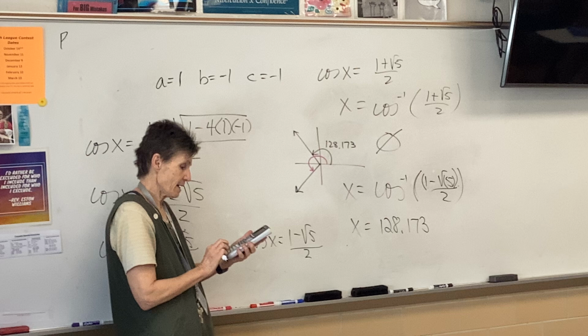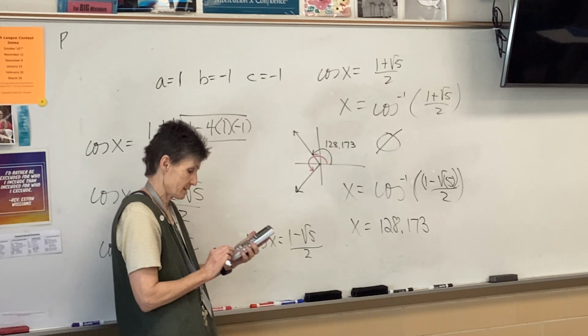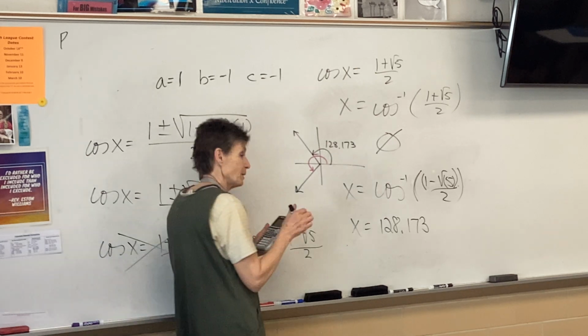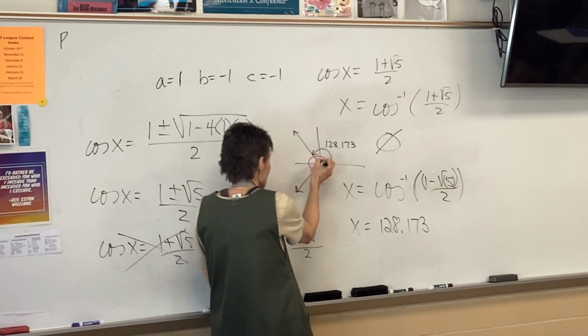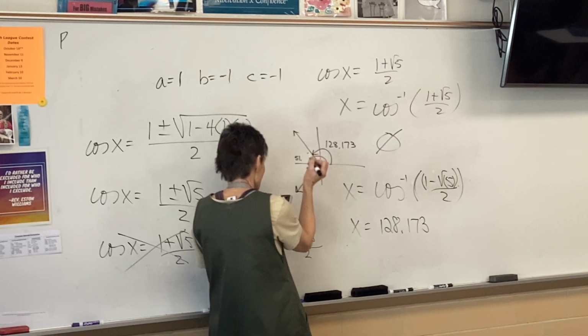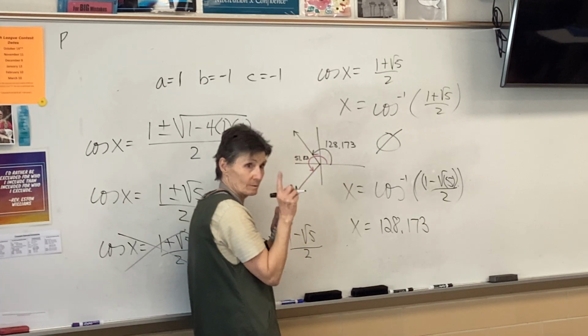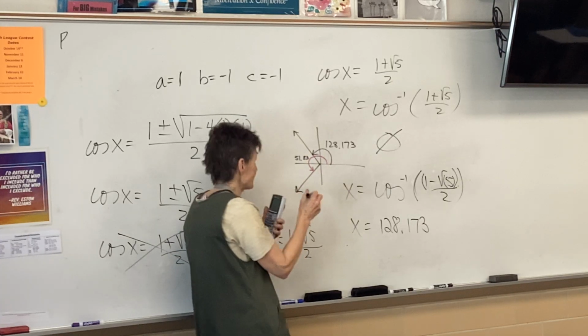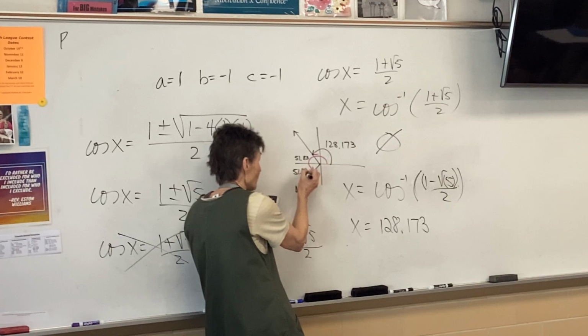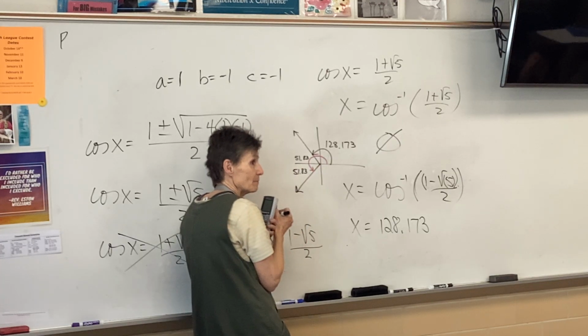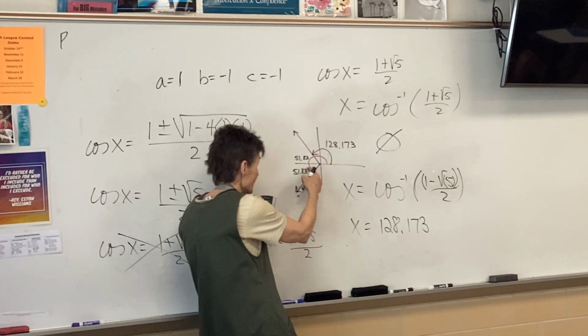Let's talk about that. So 180 minus that. What Blake is doing is finding out that this little angle right here is 51.83, right? Now guys, doesn't that mean this one is also 51.83?